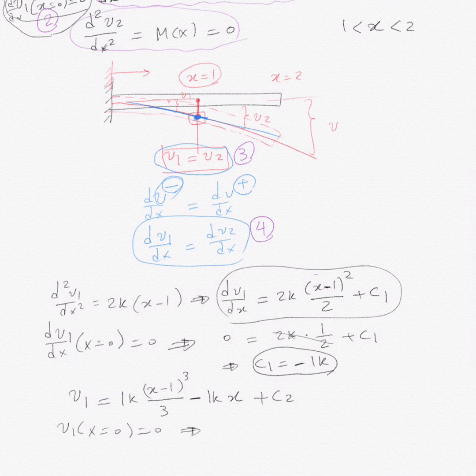You get 0 is equal to, put x is equal to 0, negative 1k over 3. You see, negative 1 to the third power is negative 1. K over 3, negative 1k times 0 plus c2. This is 0. So c2 is equal to positive 1k over 3.